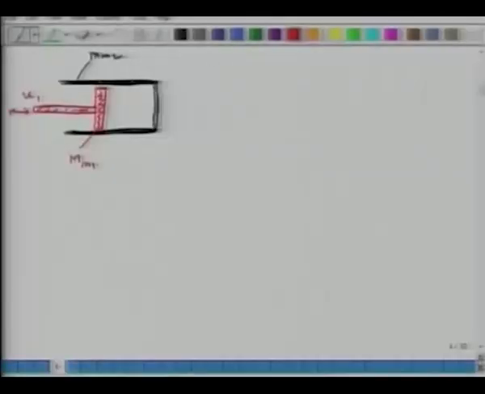Then I have a rigid frame on which this cylinder is placed, and I have a spring. So I have a rigid frame and there's a spring of compliance Cm.